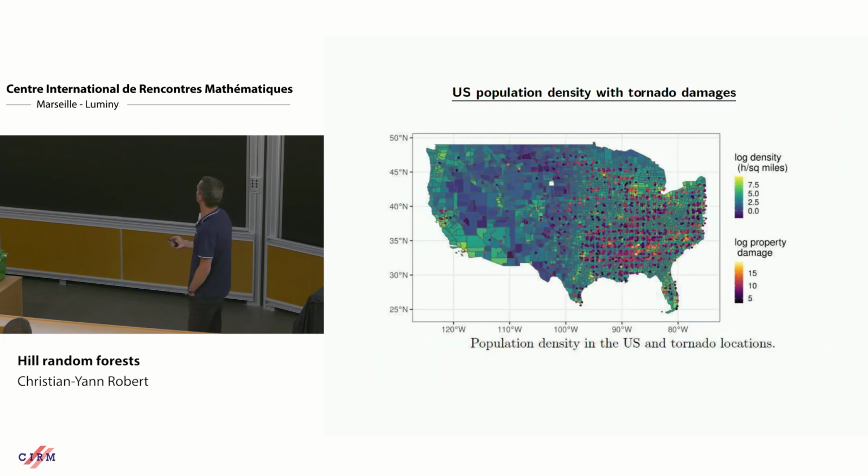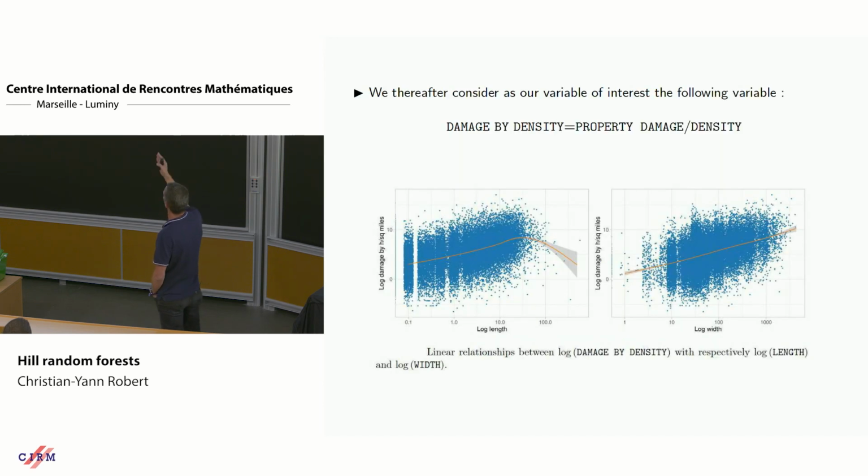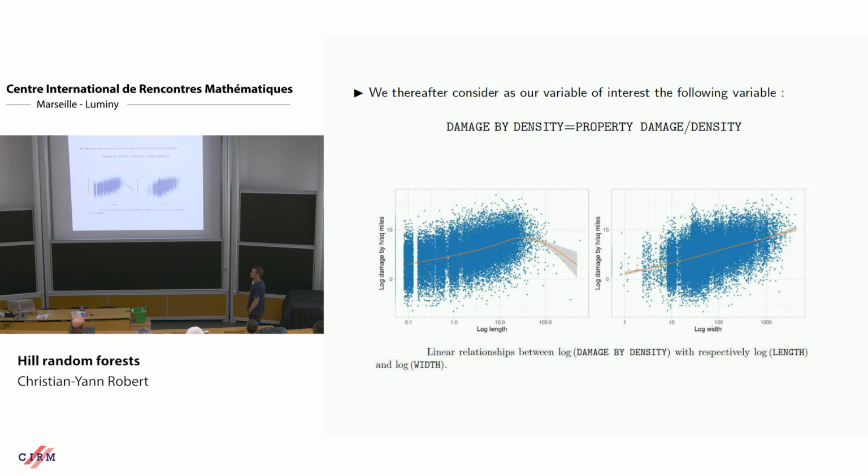So we have the information of each county in the US, and we decide to propose a new variable, damage by density. We divide the property damage by the density, and we will try to estimate our model on this data set.